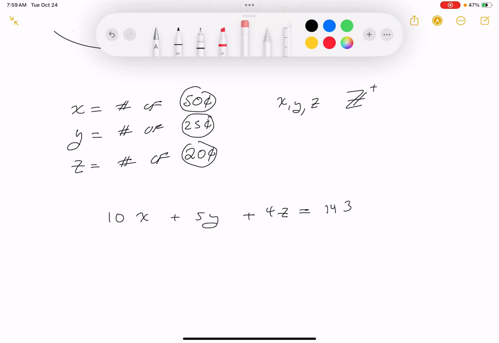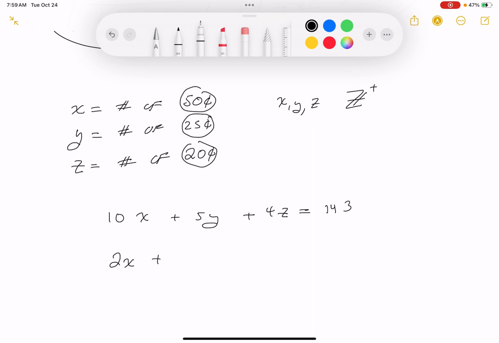It says over here, again, 50-cent pieces, 25-cent pieces, 20-cent pieces. So that twice the number of 50-cent pieces, let me put that down. Twice the number of 50-cent pieces, and again, all I'm doing is reading over here. So twice the number of 50-cent pieces plus twice the number of 20-cent pieces?